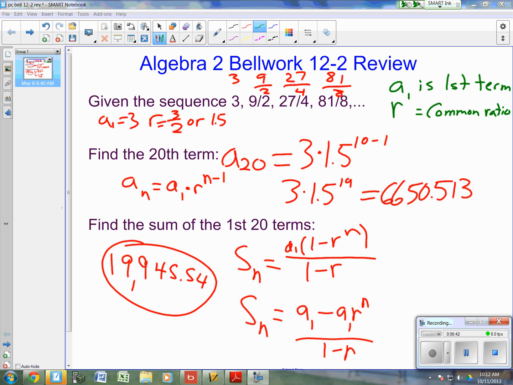They have a common ratio. That's the answer right there. I would write that down. A geometric sequence has a common ratio. That's the definition of a geometric sequence. A sequence in which you have a common ratio. Okay? Did everybody get that down?